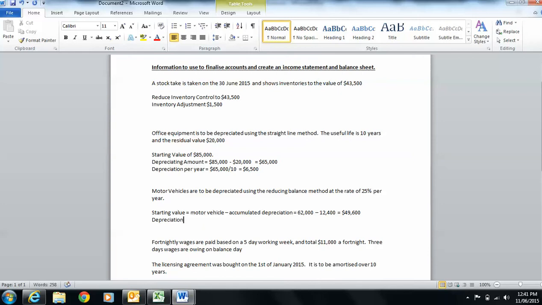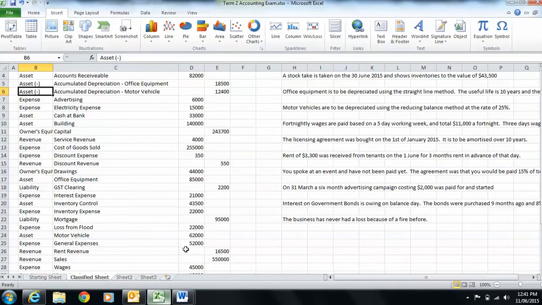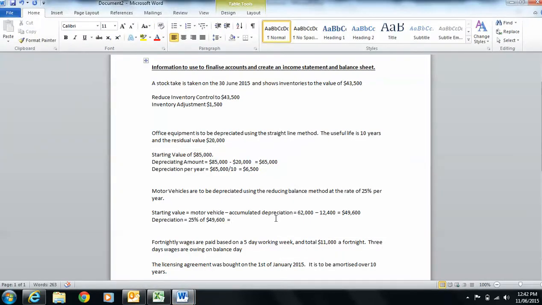So to find the depreciation for the current year, it's going to be 25% of $49,600, and 49,600, if I just do it over here as a sum, equals 0.25 times 49,600. It's going to equal $12,400.